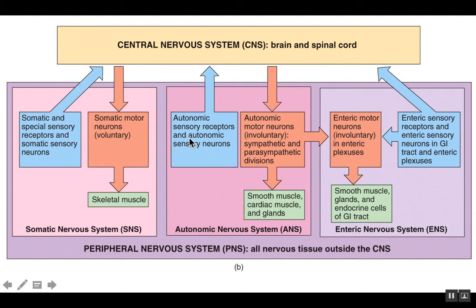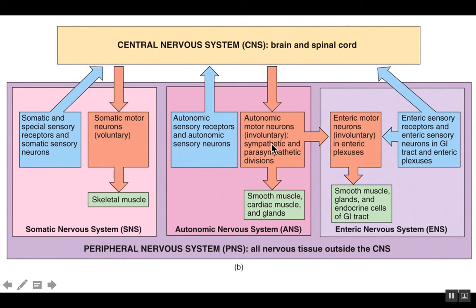Autonomic sensory neurons come from internal organs. So this is usually subconscious. You don't perceive these internal senses. And then the GI tract has sensory receptors to monitor what's going on in your GI tract. So that's the sensory part of these three divisions. The motor aspect of the somatic nervous system are those somatic motor neurons voluntarily stimulating skeletal muscle.